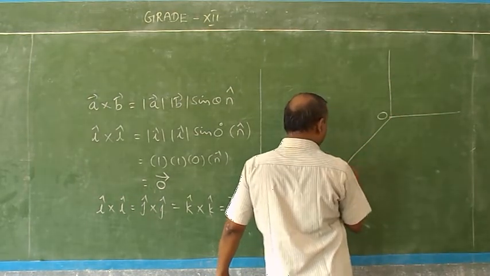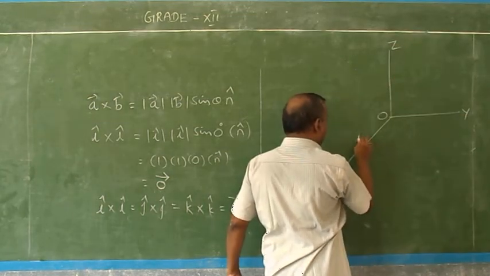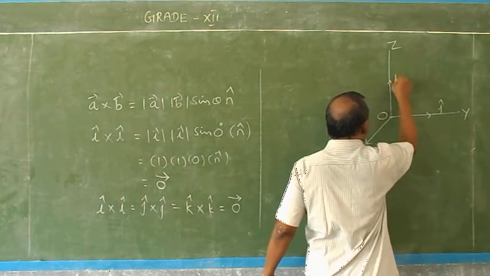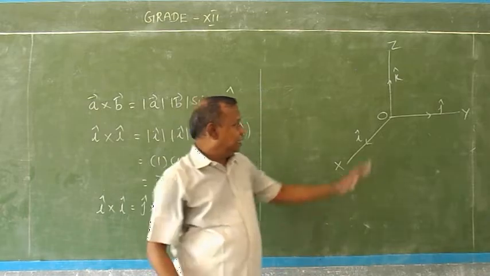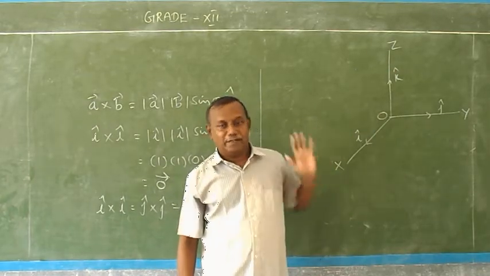Now consider the coordinate axes: origin, x axis, y axis, z axis, with i cap, j cap and k cap. Here i cap, j cap, k cap are three mutually perpendicular unit vectors.